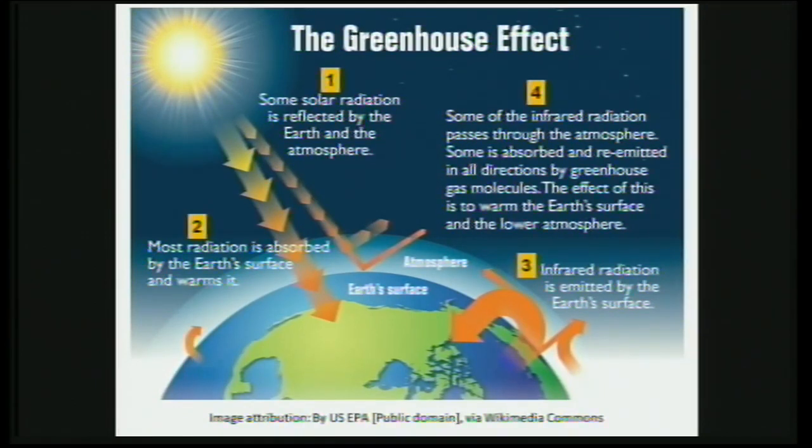But the greenhouse gases present in the atmosphere absorb most of the infrared radiation released by the earth, and it is re-radiated back towards the earth. Some of it, of course, goes outward also, but most of it comes back towards the earth, right? So the radiation that was supposed to go outward is now mostly coming back. That's because of the greenhouse gases which are present in the atmosphere.